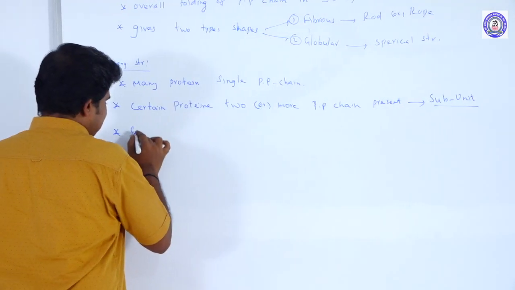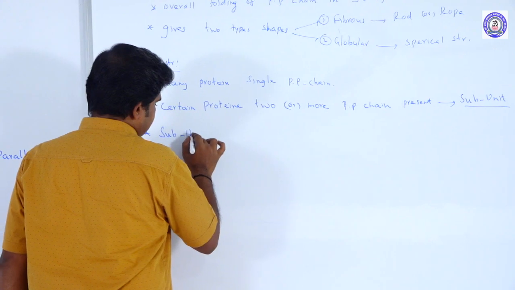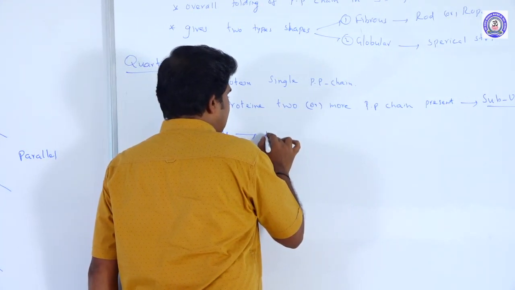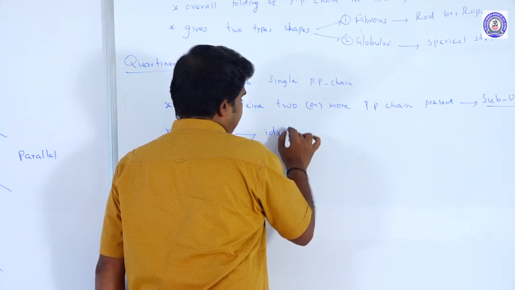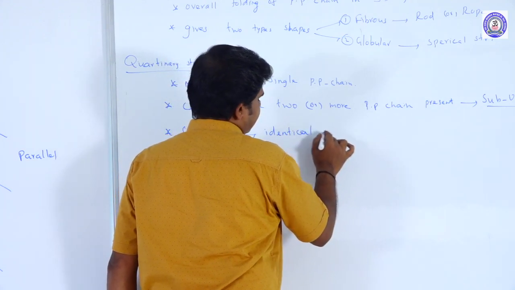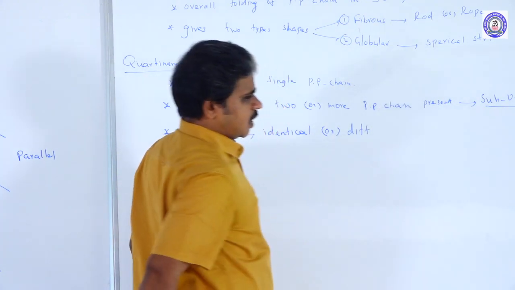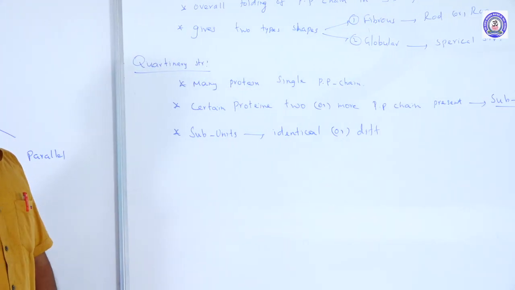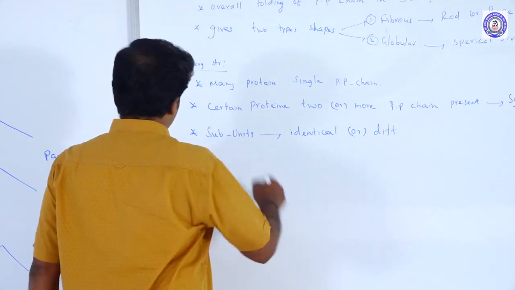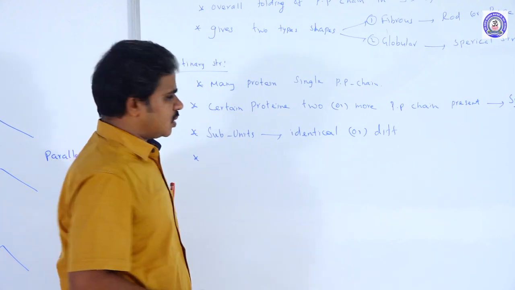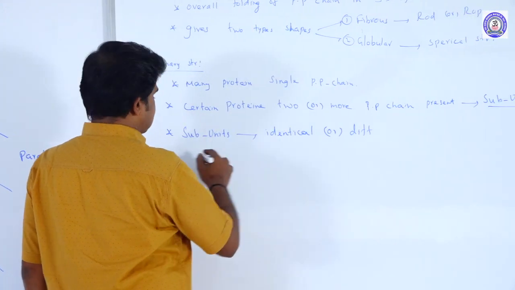And these subunits may be identical or different. Here the quaternary structure refers to the subunits.